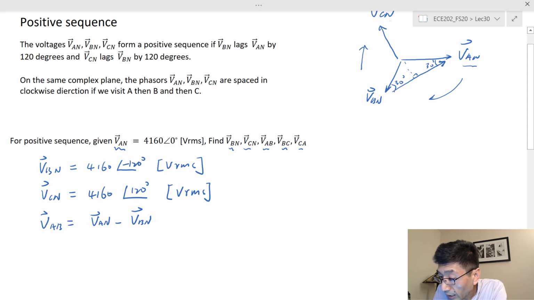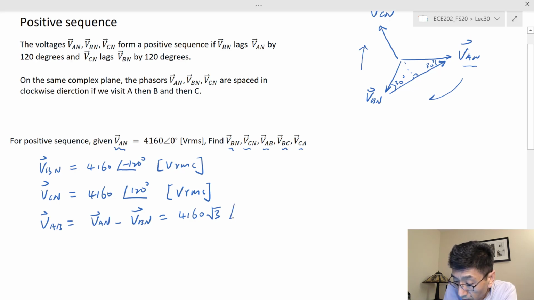So half of the VAB magnitude is equal to square root 3 over 2. Therefore, this is going to be 4160 times square root 3, and I can move this phasor here, so the angle is 30 degrees. Therefore VAB is at 30 degrees, right?